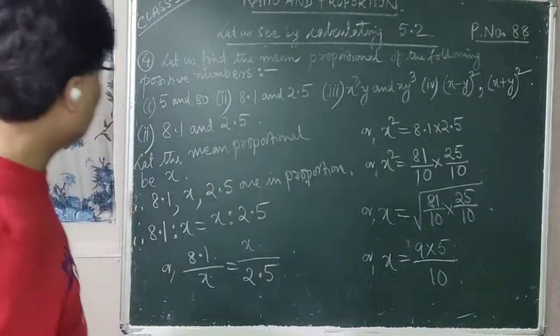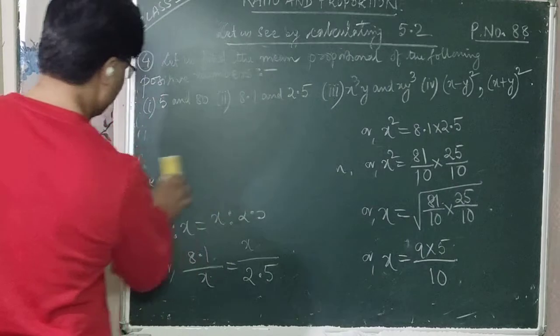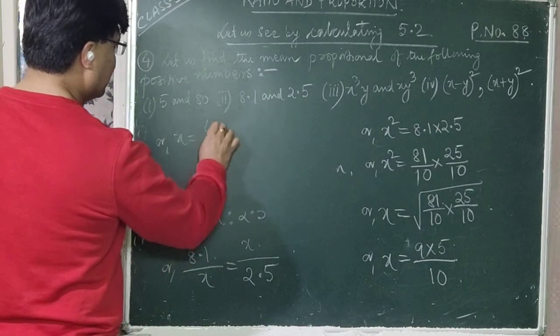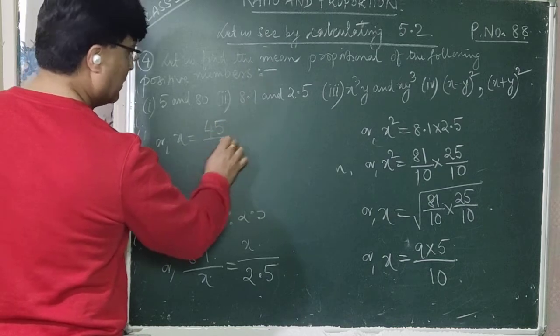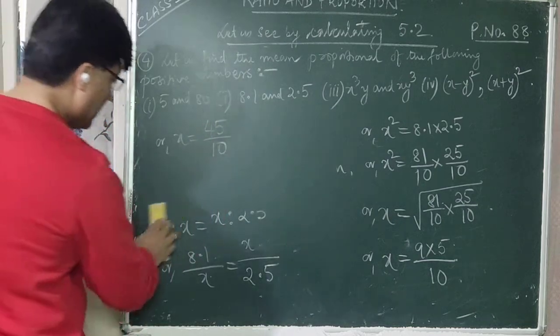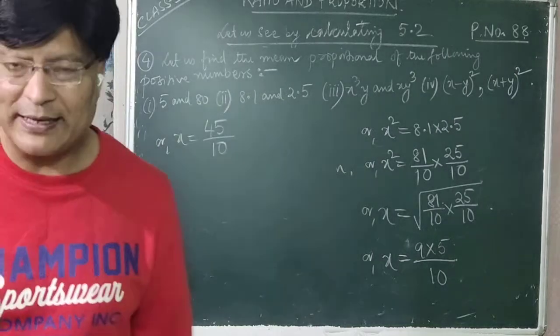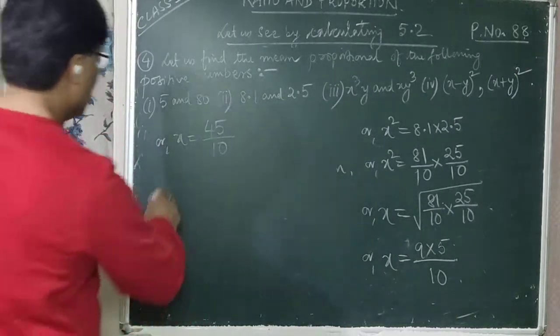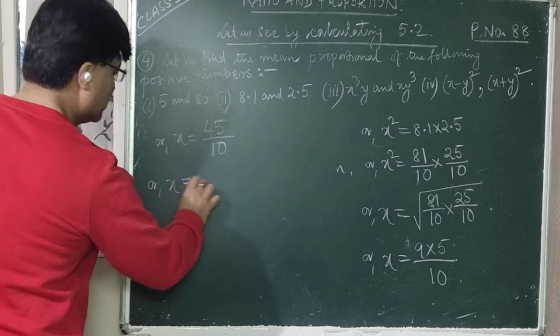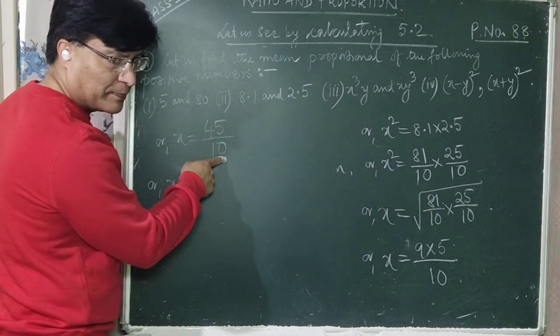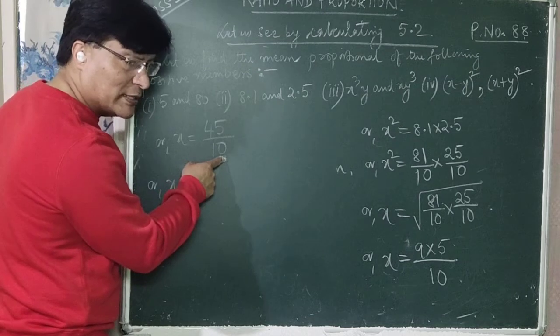So x is equal to 9 5s are 45 divided by 10. Dividing by 10 is very easy here. See how I divide. Here only one 0 is there. After 1 there is only one 0.